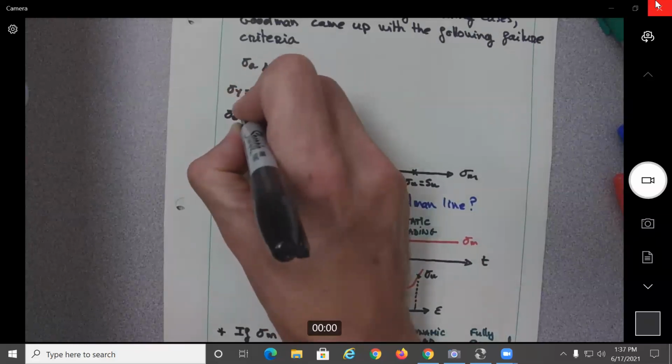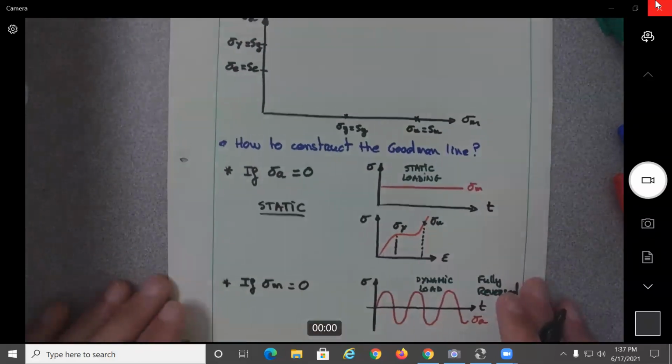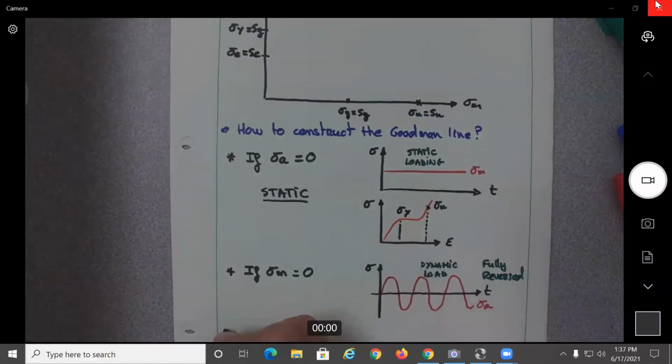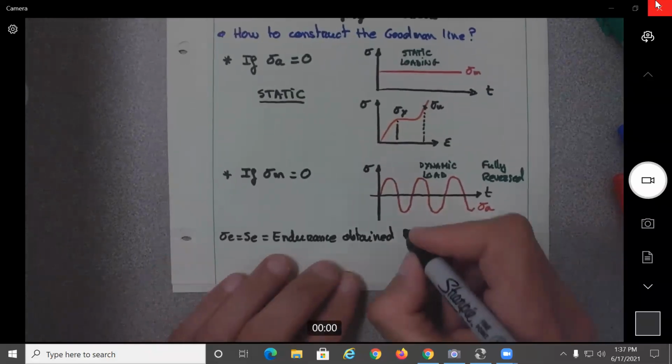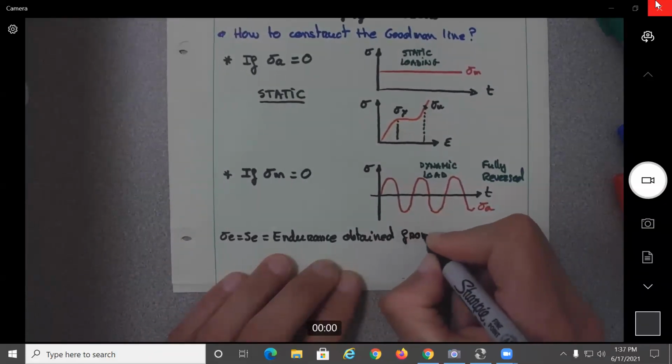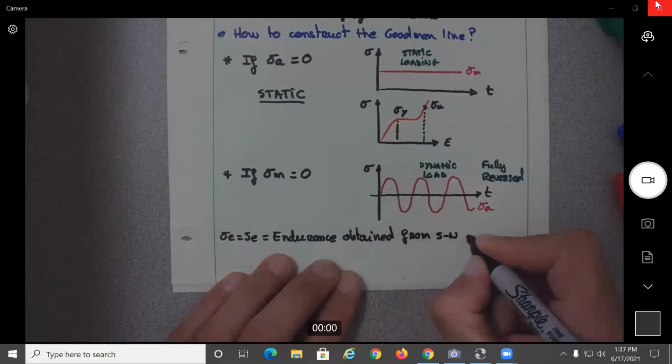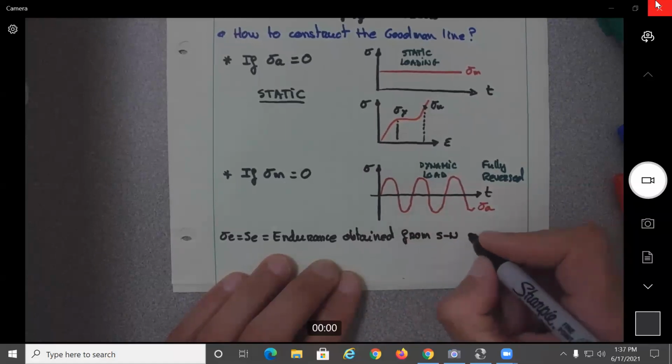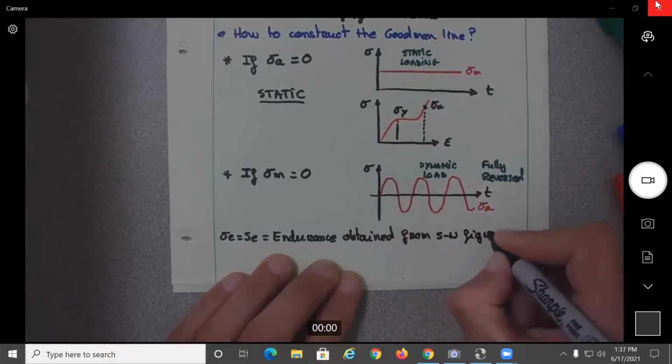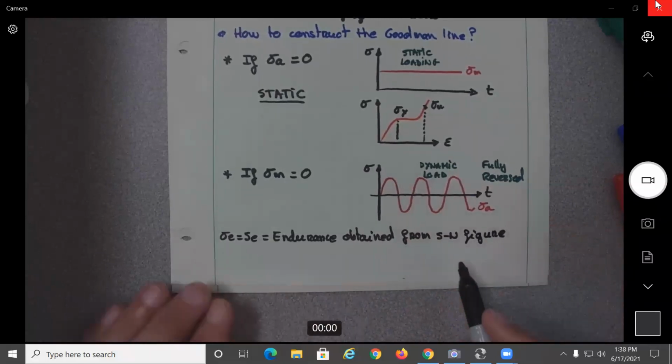Sigma sub E, S sub E. And S sub E is the endurance stress obtained from the SN figure. What does SN stand for?